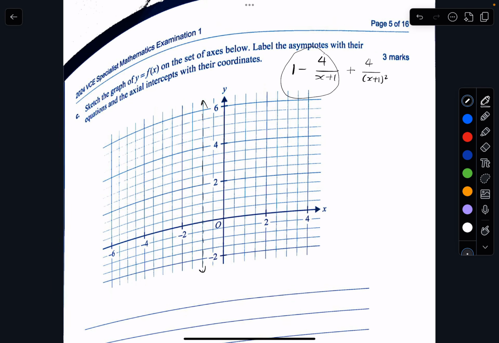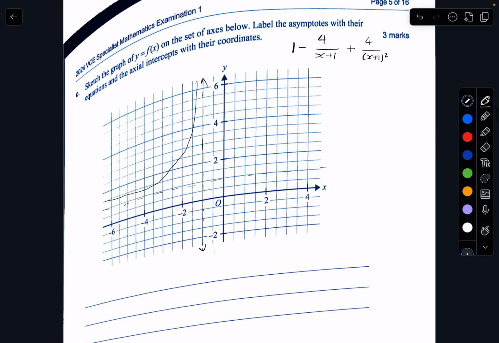Now, if we draw, what I'll do is I'll just draw the two functions, and then we can do addition of ordinates. So if I draw this, that's got an asymptote at y is equal to 1. And it's a negative, so it will look like this and this, right? And then this would look like this and this, right?